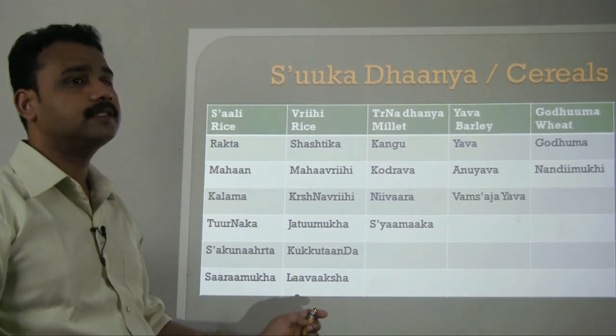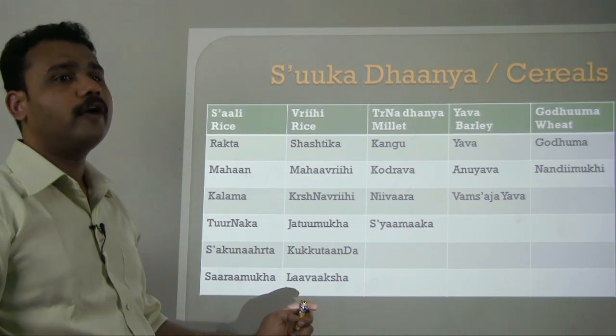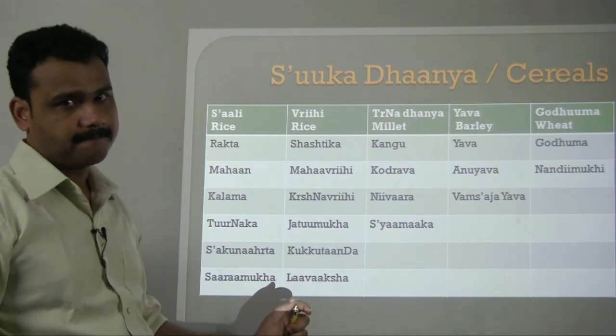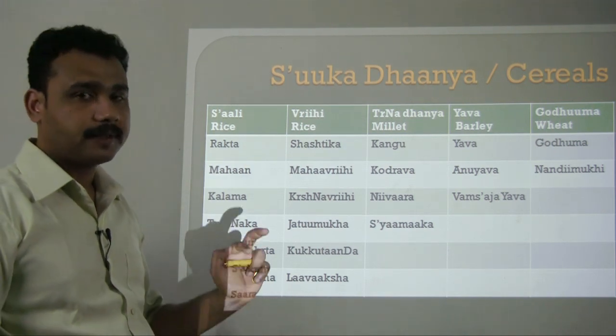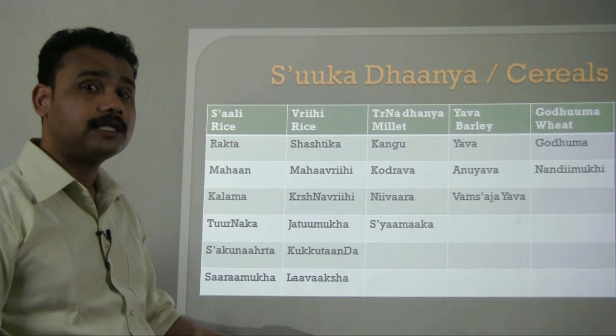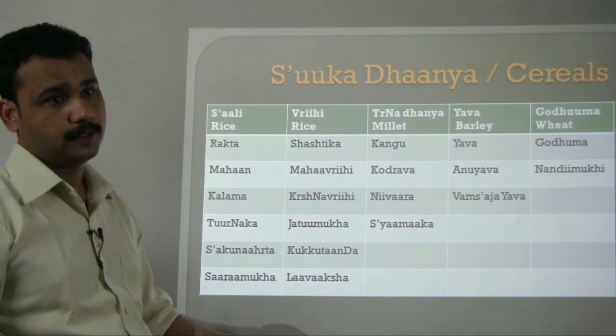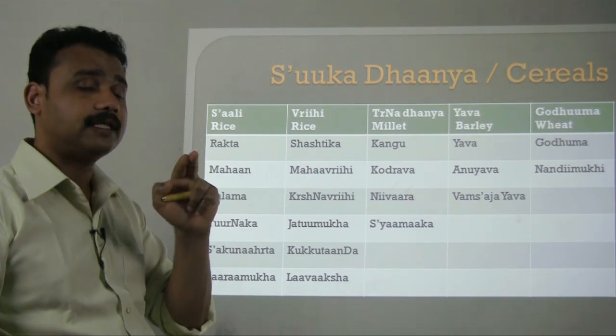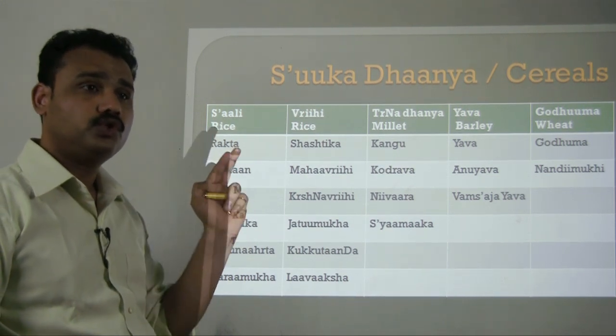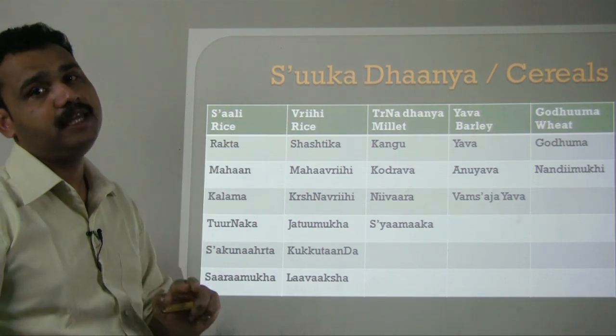Shuka Dhanya Vargas are groups of cereals, whereas Shimbi Dhanya Varga are substances which are pulses or legumes. I repeat, the whole Dhanya Varga is subclassified into two, Shuka Dhanya and Shimbi Dhanya.